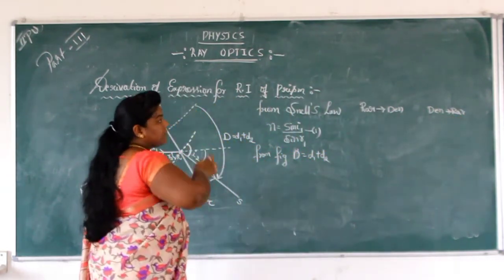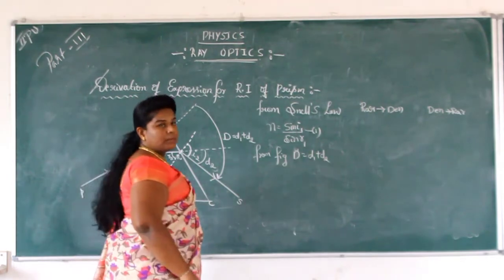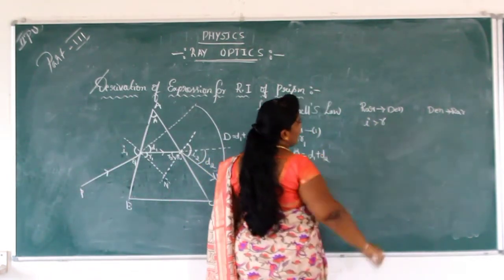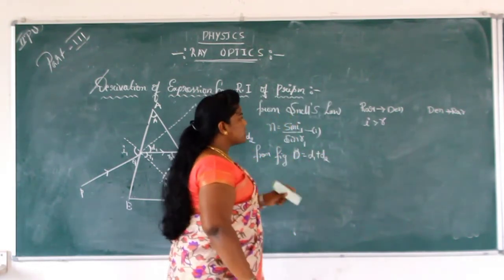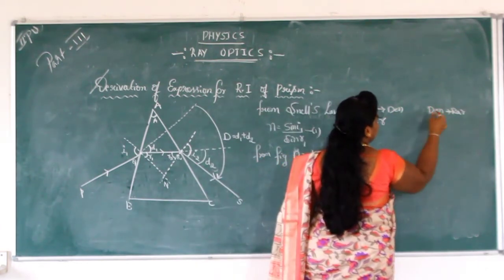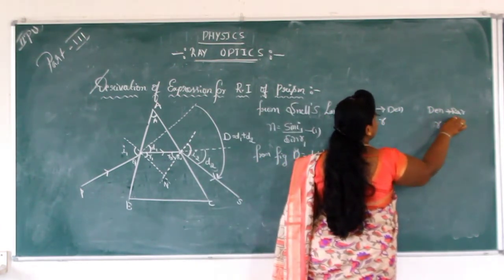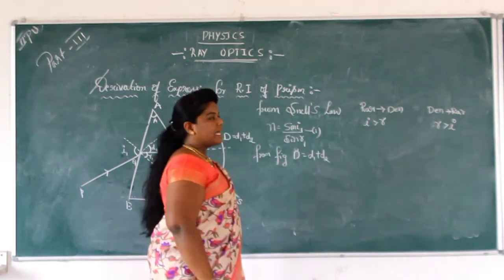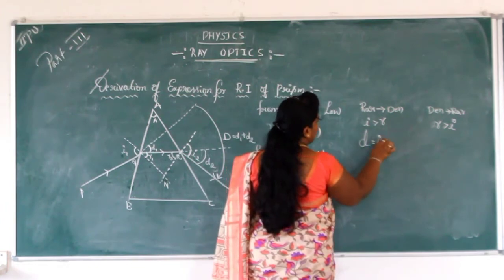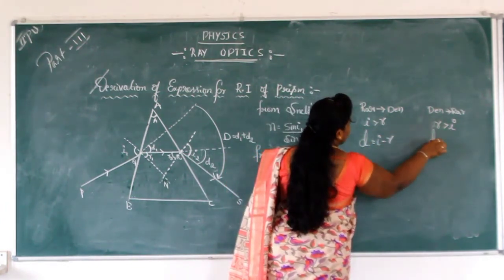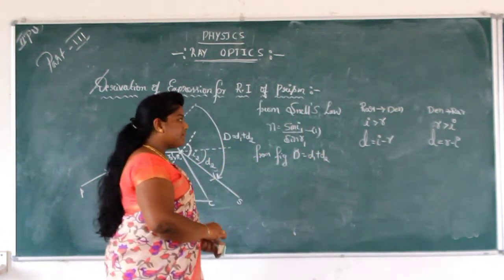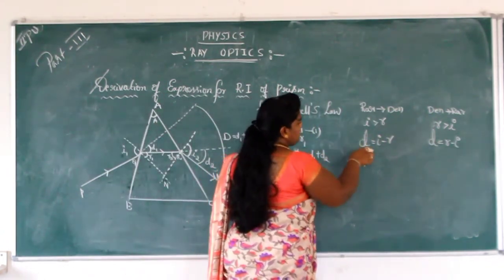While discussing refraction, I said that the angle of incidence is always greater than the angle of refraction when light travels from rarer to denser, and when the ray of light travels from denser to rarer, the angle of refraction is greater than the angle of incidence. Then the angle of deviation D can be written as I minus R in the first case, and as R minus I in the second. This is what I discussed in the previous class. Now apply the same thing over here.